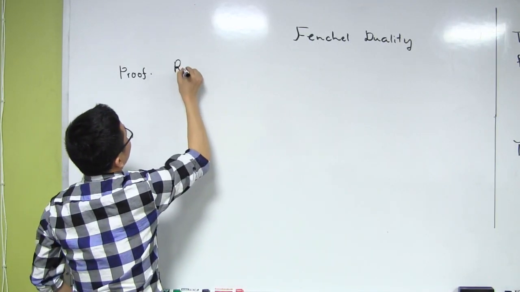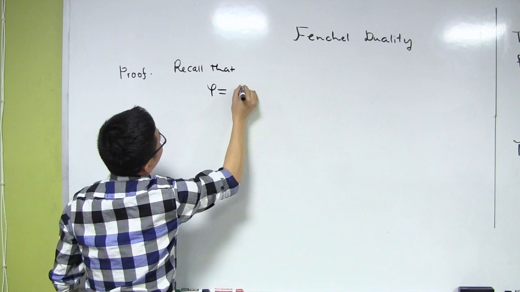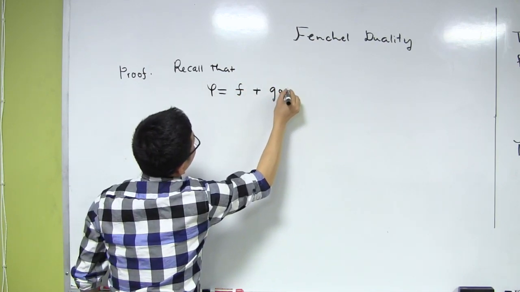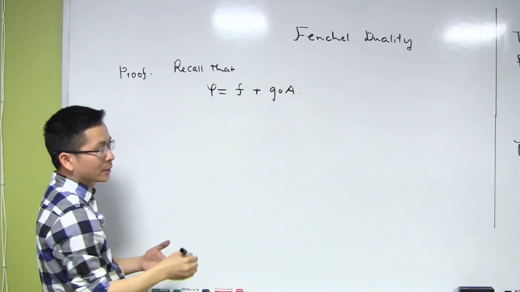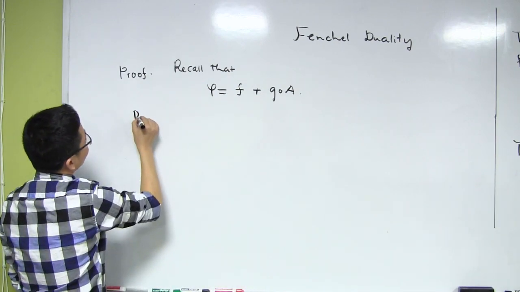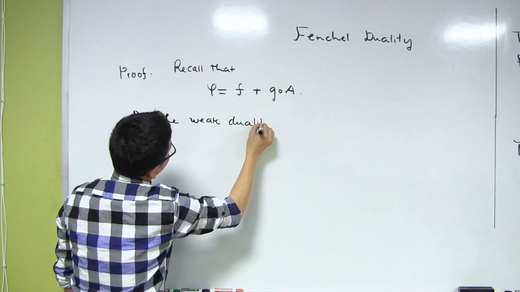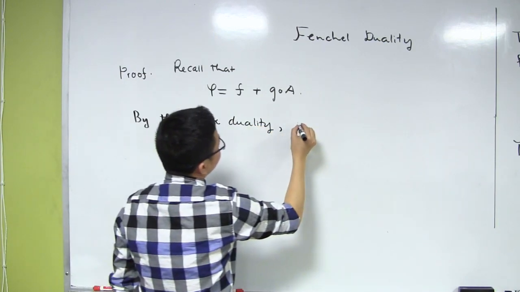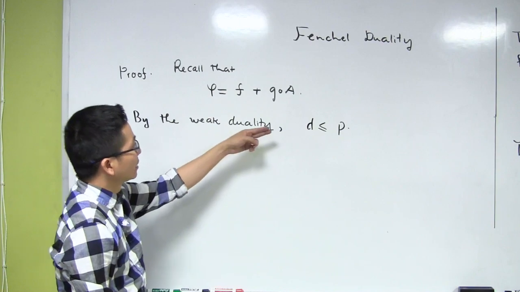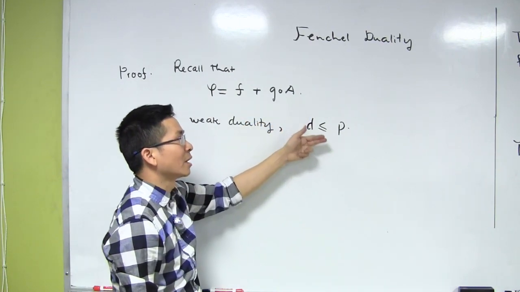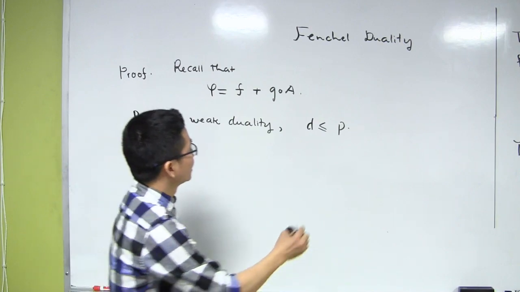Recall that the function Φ is equal to the sum of f and the composition of g and A. And by the weak duality theorem, we always have that D is less than or equal to P. That means the optimal value of the dual problem is always less than or equal to the optimal value of the primal problem.